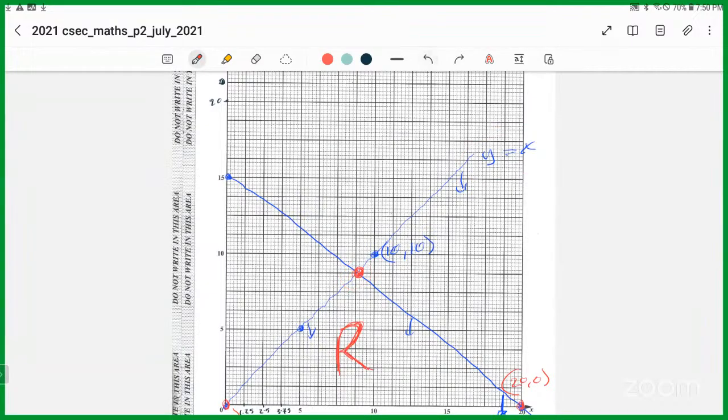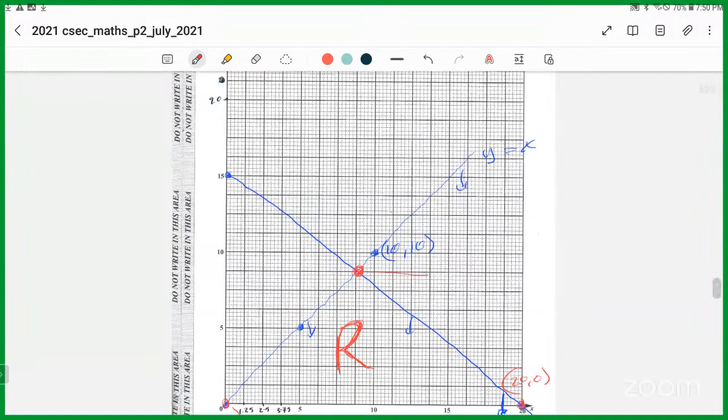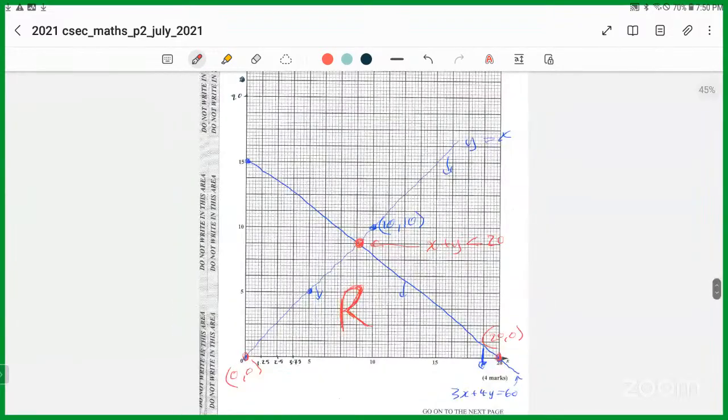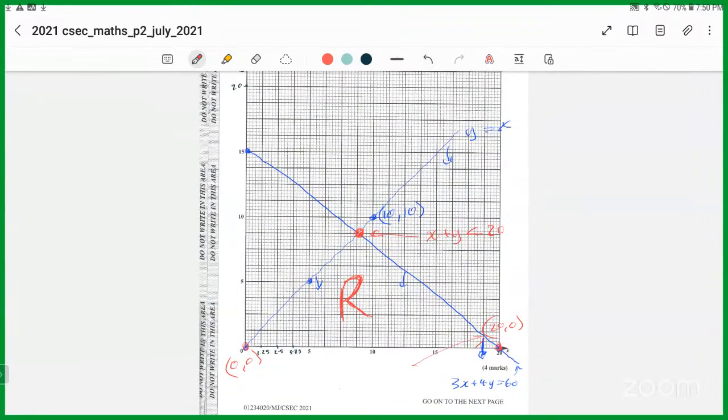I don't have to get into the value. But see, if this point is 10, 10, then this point clearly is less than 10. So x plus y is less than 20, for sure. But x plus y equals 20 down here. So this is the point where x plus y is maximum.